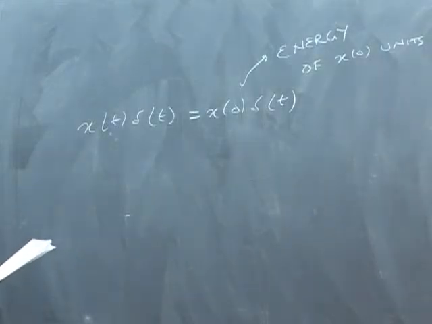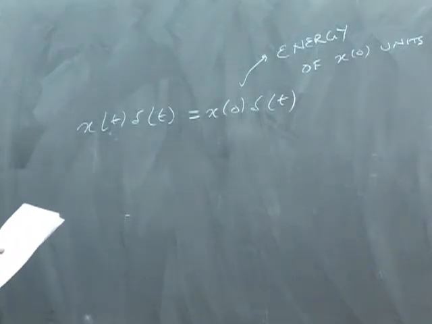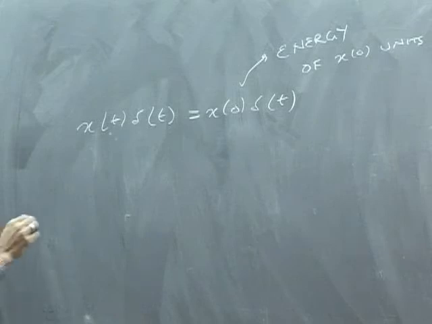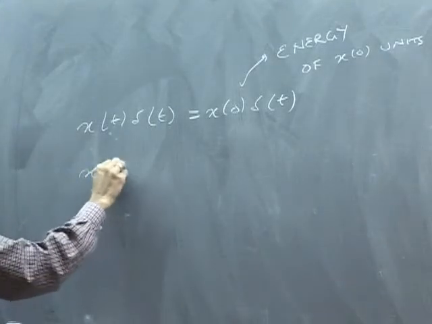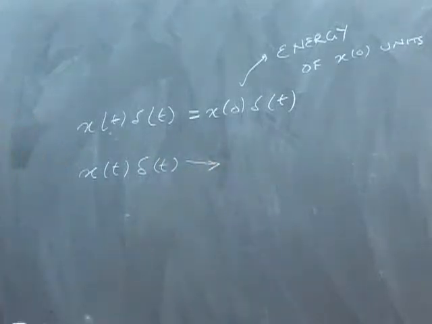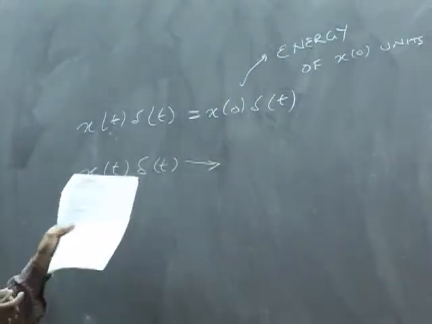So we can say that if the input is xt delta t, let's use a leads to here, xt delta t, what does it lead to? And this is where sort of the magic comes in. I'm saying delta t leads to ht, and x0 delta t is the scaled input over here.